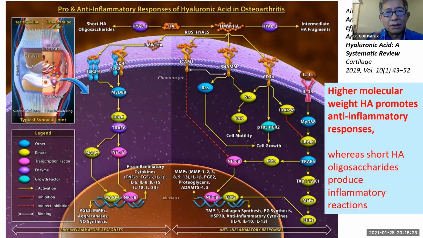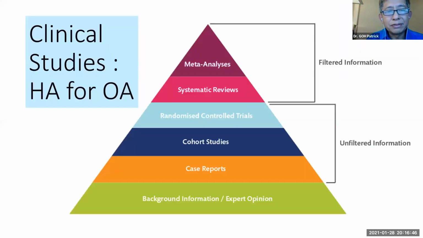This is his model, and the interesting thing, found in the same publication, is that higher molecular weight hyaluronic acid promotes anti-inflammatory responses, but the shorter oligosaccharides may be more pro-inflammatory. So higher molecular weight seems to be more beneficial.